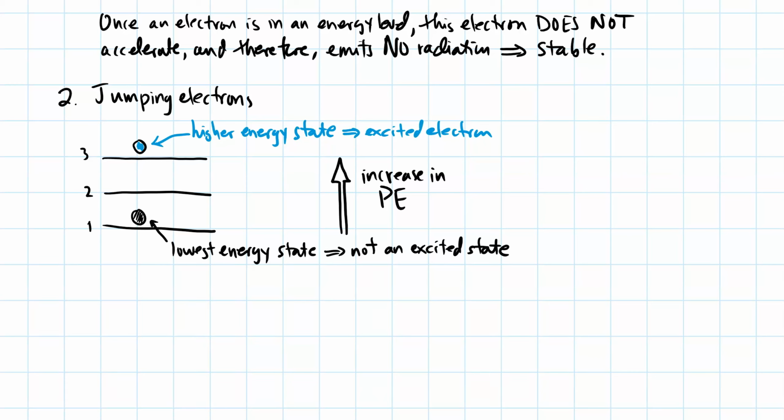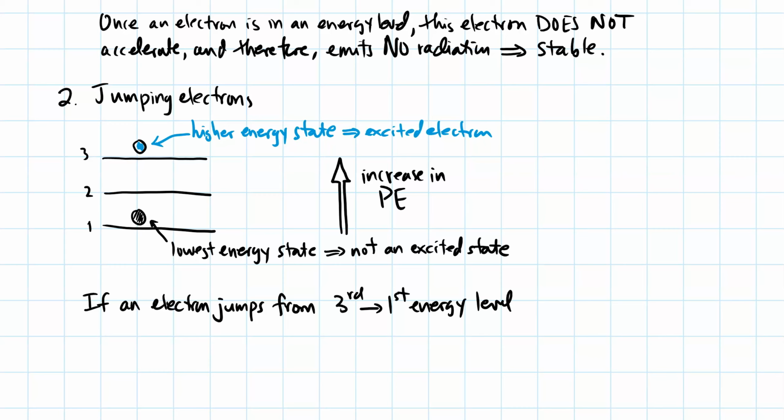When electrons jump, they emit light. So what we find here, if an electron jumps from the 3rd to the 1st energy level, this is a bigger jump, which then implies that it has more energy.